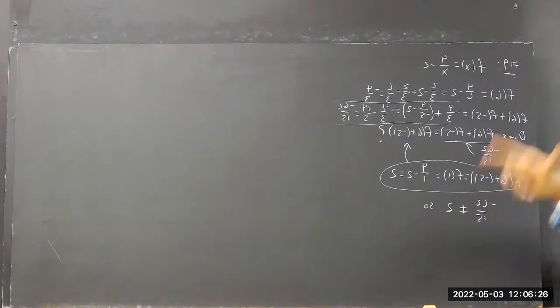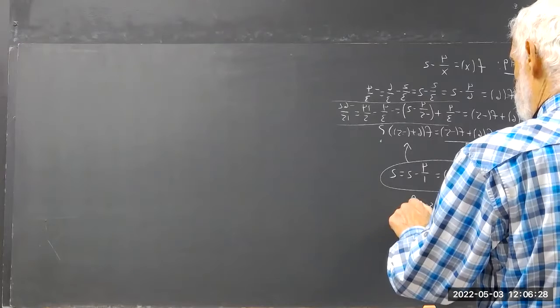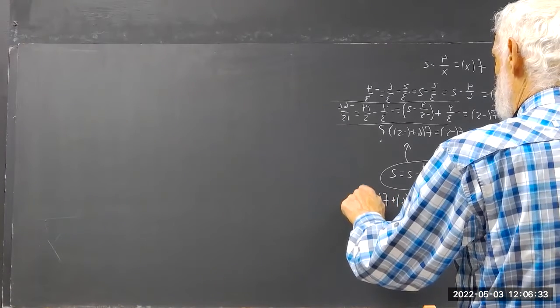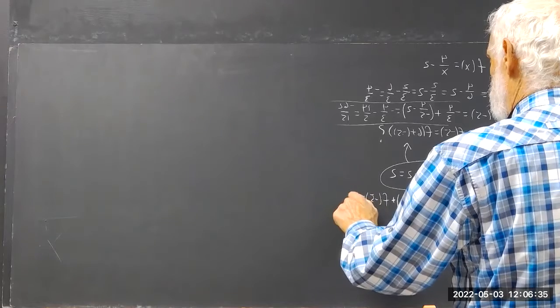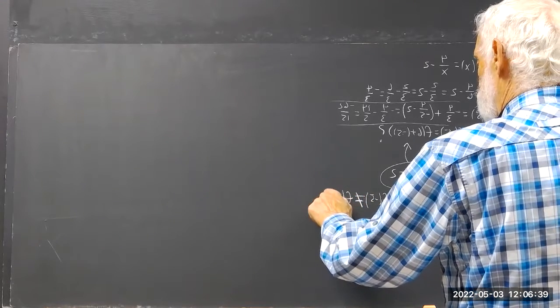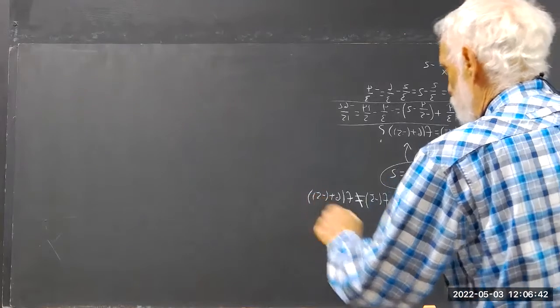Negative 62 over 15 is not negative 2. So f of 6 plus f of negative 5 is not equal to f of 6 plus negative 5.